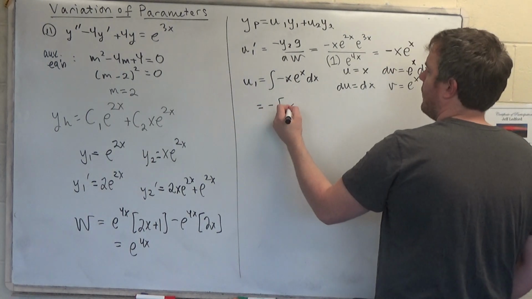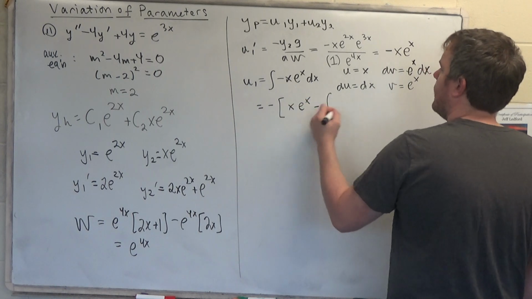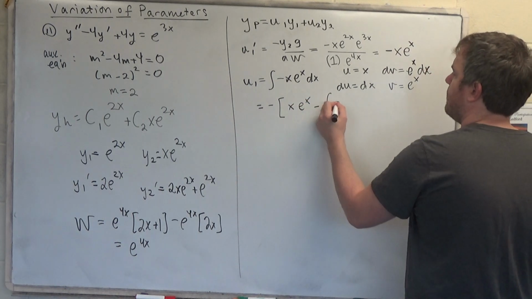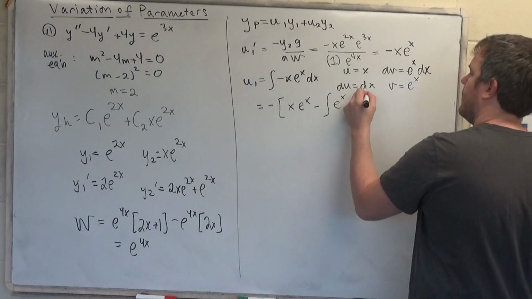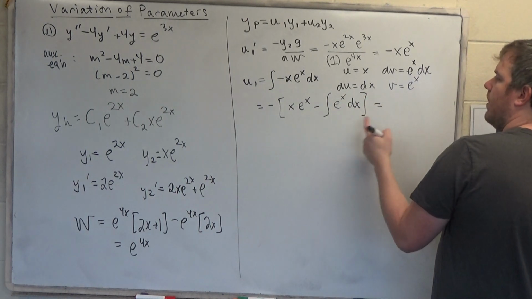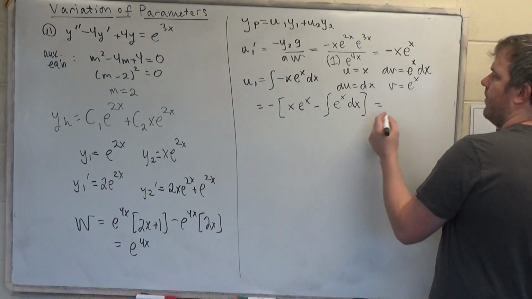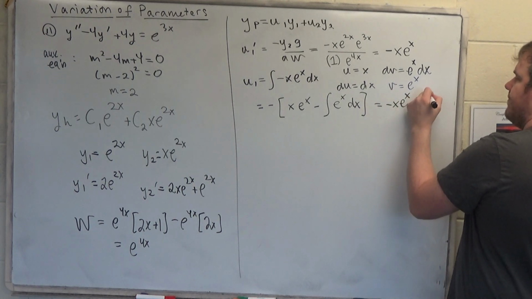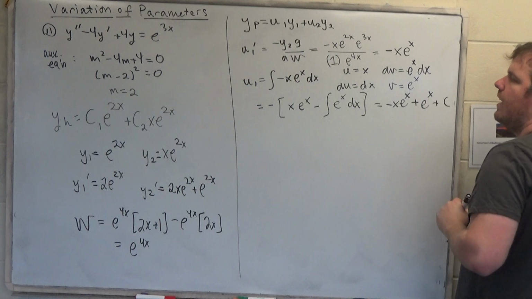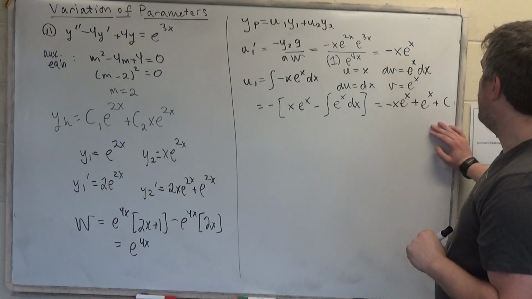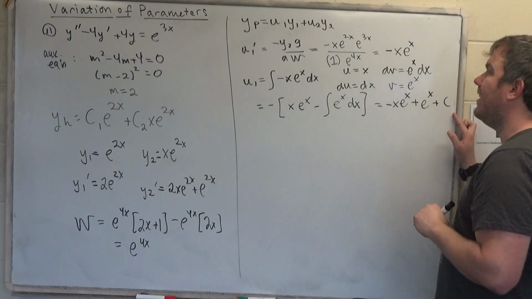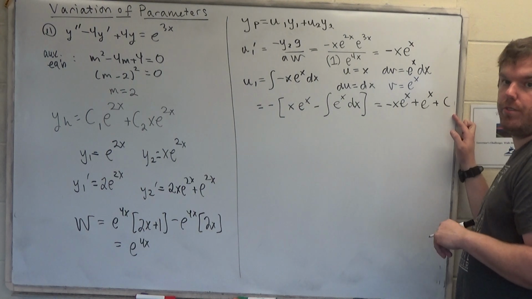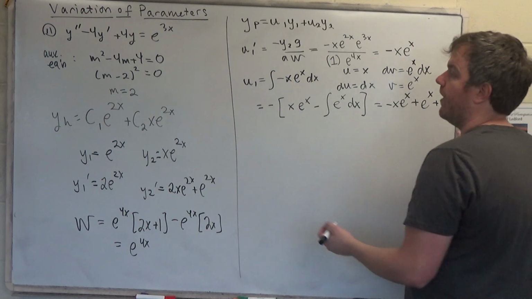U times v is x e to the x minus integral of v du will just be e to the x dx. And now this integral on the inside isn't terribly complicated. And just like in the first order case, while u1 depends on c, any c will work, so I'm just going to set it equal to 0 at the end of the day.